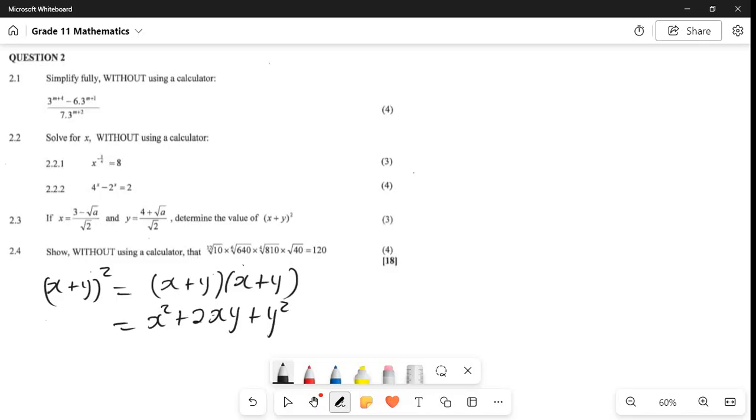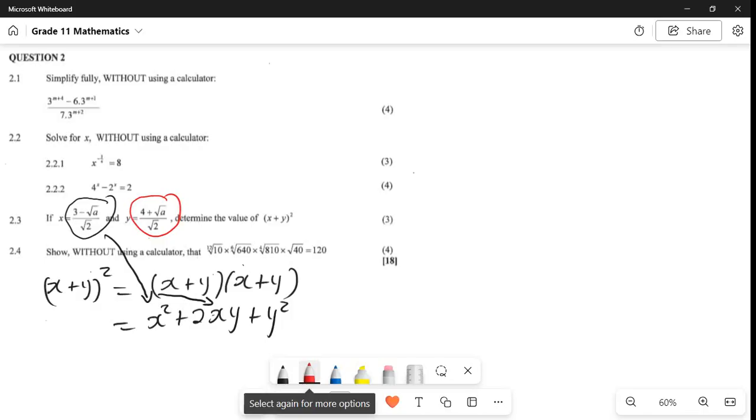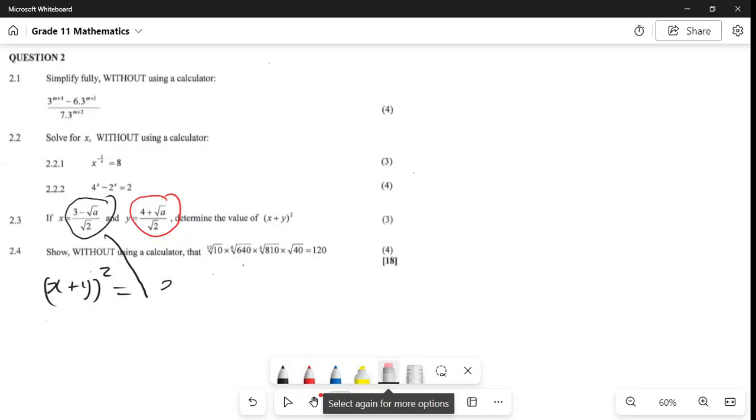So you are going to substitute this wherever you find x, and substitute this wherever you find y, and I suppose you will get the same answer that we got, which is 24 and a half.